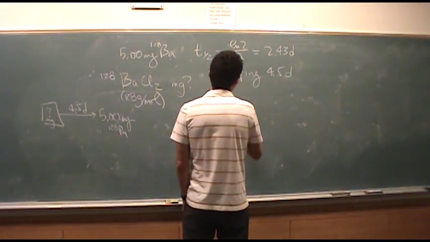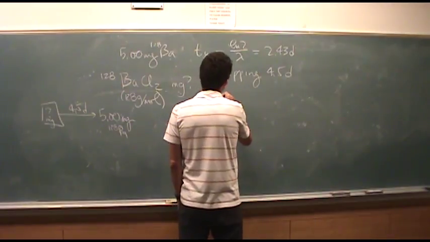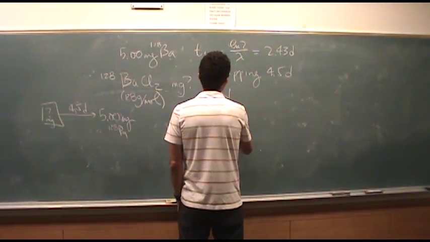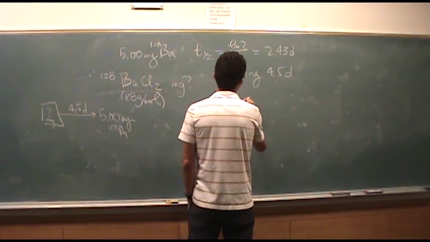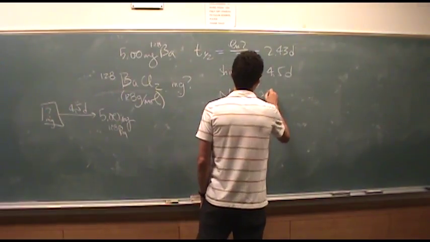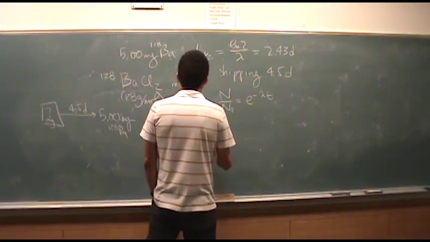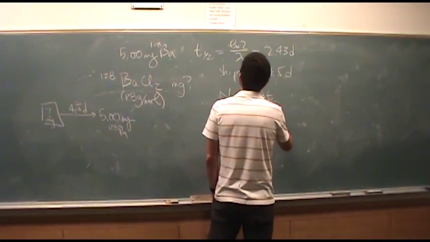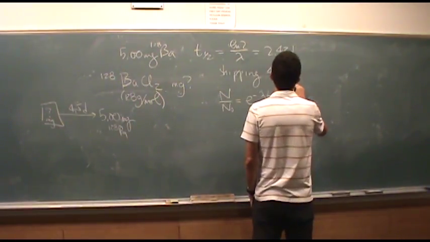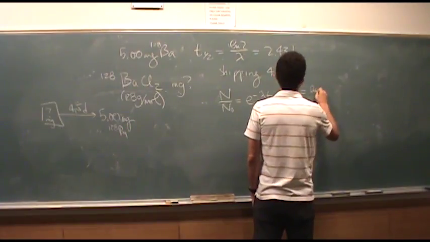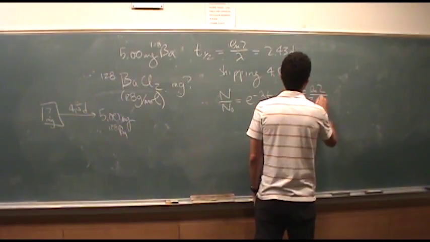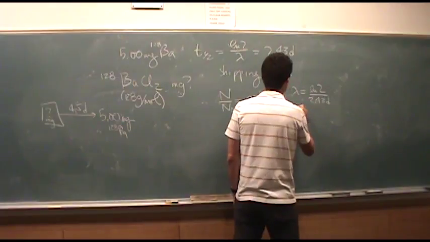So the first order integrated rate law. Lambda is going to be the natural log of 2 over 2.43 days.